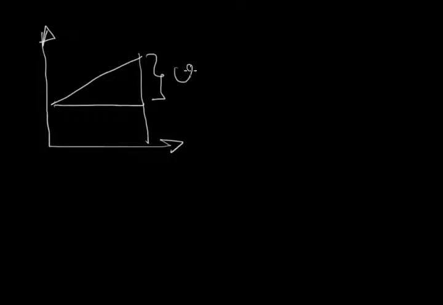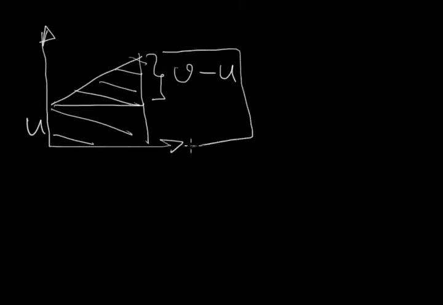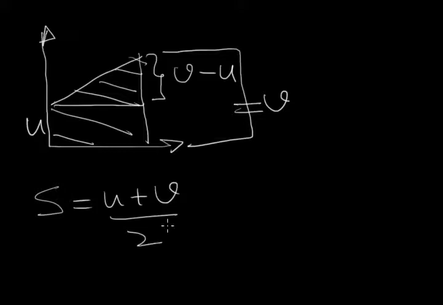This is v minus u, and this is u. Now if I consider the areas we are talking about here, this arm from here to here is nothing but v. So when we add these two, we have u plus v by 2 into this distance as the height, t.